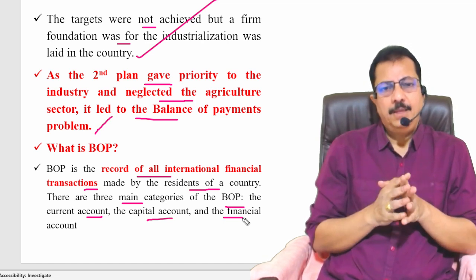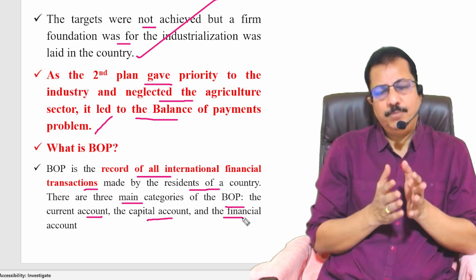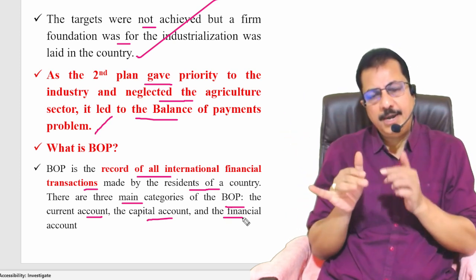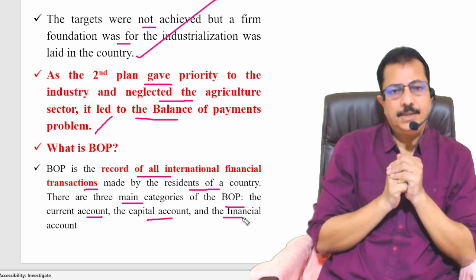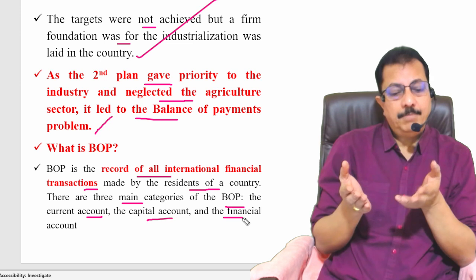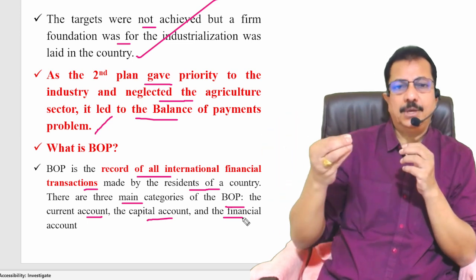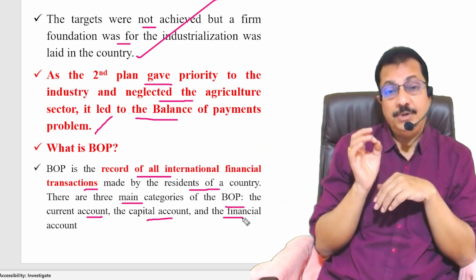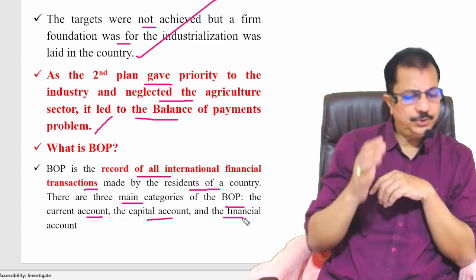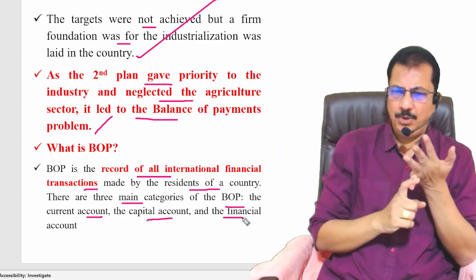So obviously when it comes to balance of payment problem, your imports are more and exports are less. If both are equal, at least you have money to pay. But if exports are less and imports are more, that will lead to deficiency, and that is called balance of payment problem.